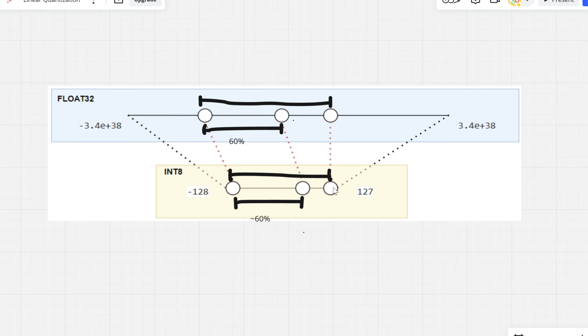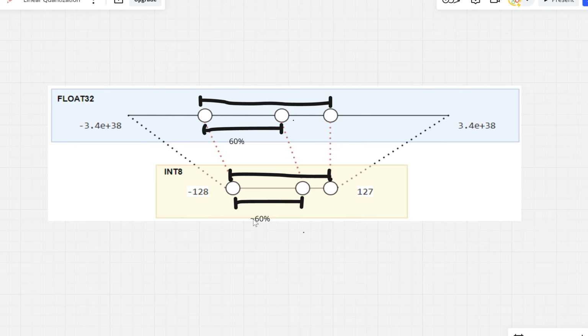And that whole property right there is super, super important. To the extent that these two numbers, the 60% here and the approximately 60% here, are the same is to the extent that our quantization algorithm was of quality and did its job and was accurate. If these two numbers are way off, then we have what's called quantization error, and that happens all the time.